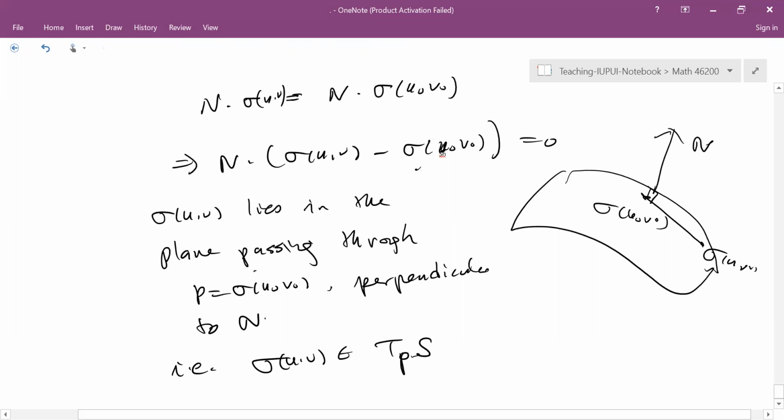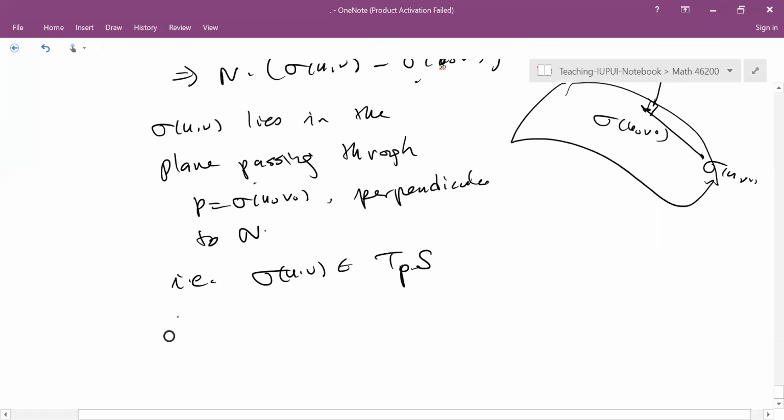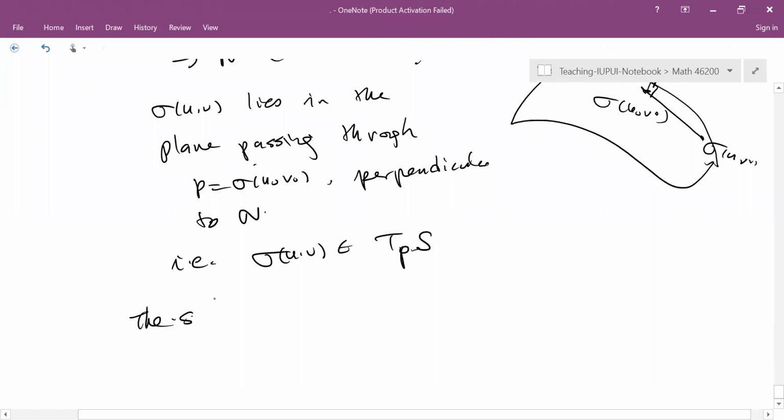So that means the surface is a plane, a portion of the plane. So the surface is a portion of the plane.